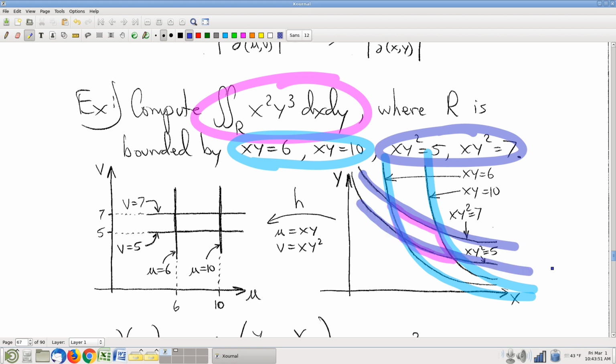Right, there's four curves, and the way I've got those curves drawn, you can see how they intersect, and then they're going to partition off a little region there that I have in purple. That's my R. And suppose you want to do a double integral over that region.